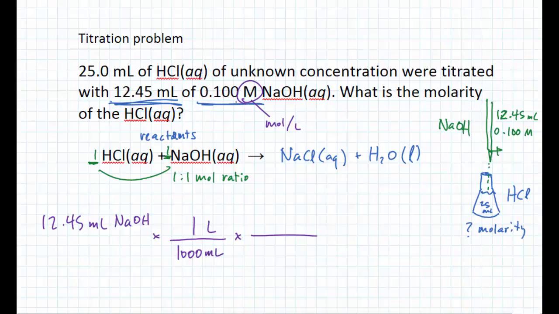And then, since I know the molarity of that sodium hydroxide, I'm going to say 0.100 moles per what? 1 liter of solution. That would allow us to calculate moles of sodium hydroxide that were added.